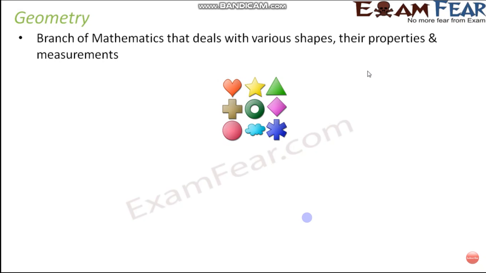Some are rectangular. Some look like a triangle. So each of them has a different or distinct shape. So we can learn more about the shapes, how to measure them and their properties. Each of these shapes is studied in geometry.